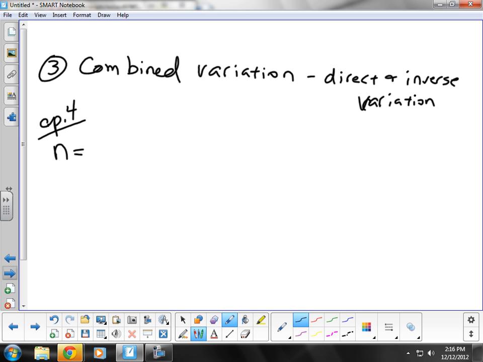It doesn't really tell me what I need. I'm going to let n be equal to the number of minutes. N is number of minutes. And we need a variable for the number of problems. You'll call that p.